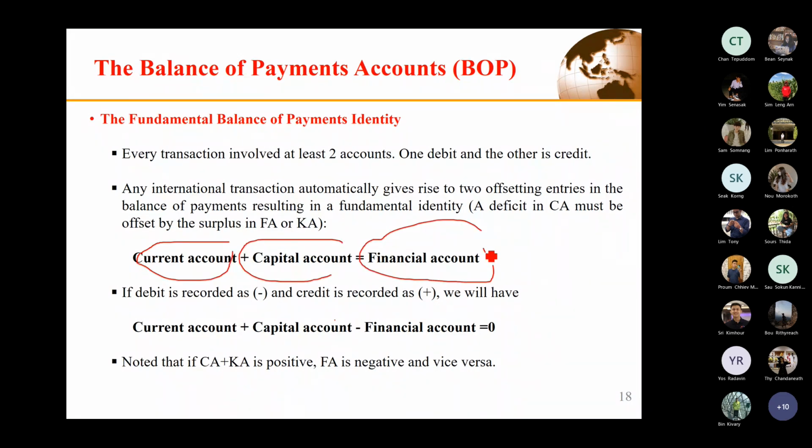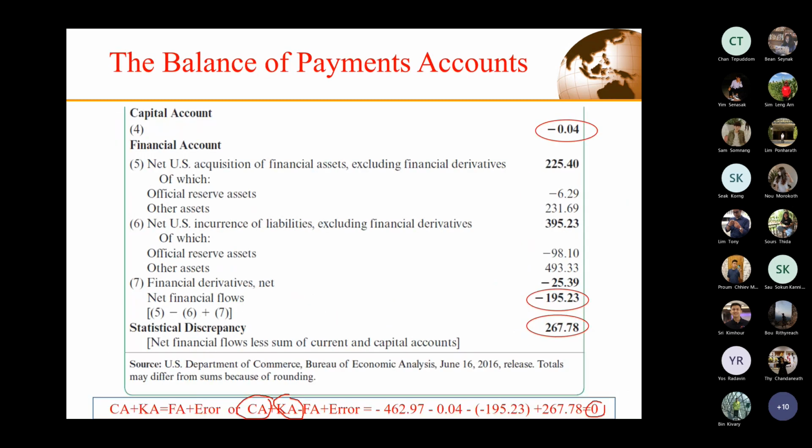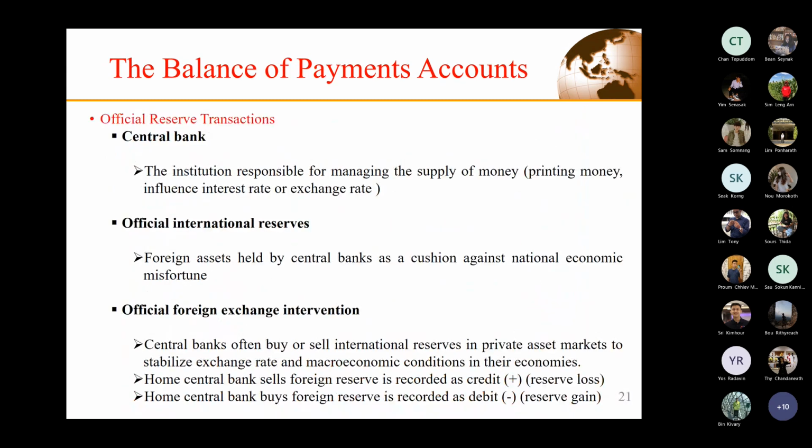And we already learned what kind of international transactions are recorded in each account. The element that we will talk about today is called the official reserve transactions. Okay, official reserve transactions.